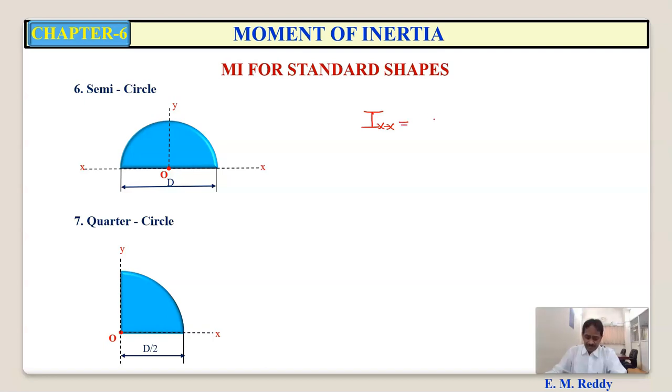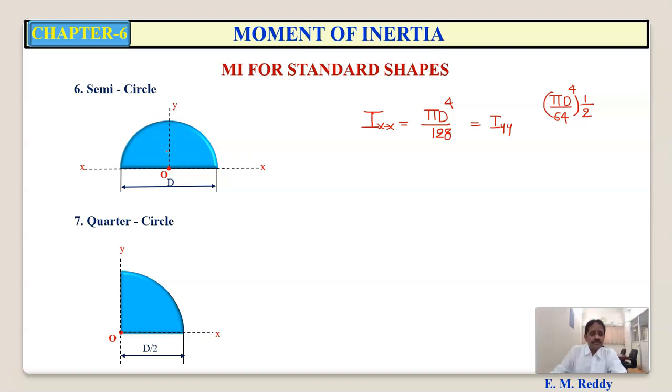It is given by pi d raised to 4 upon 128. For a circle, it is pi d raised to 4 by 64, so for a semicircle, divided by 2. That is pi d raised to 4 by 128. And this is also equal to the moment of inertia about the y-axis.